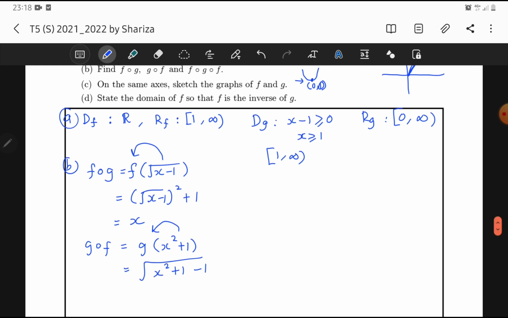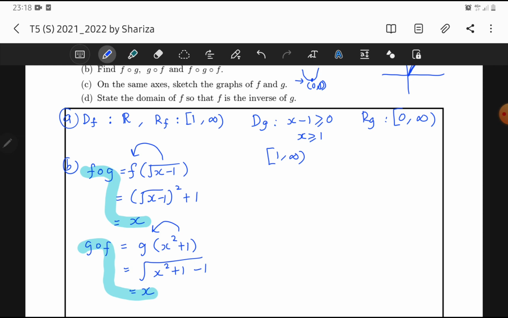So, 1 minus 1, 0. Square root x squared equal to x. So, awak nampak tak ni? f of g equal to x. g of f equal to x. Benda yang sama. Kan? Dia nampak sesuatu kan?